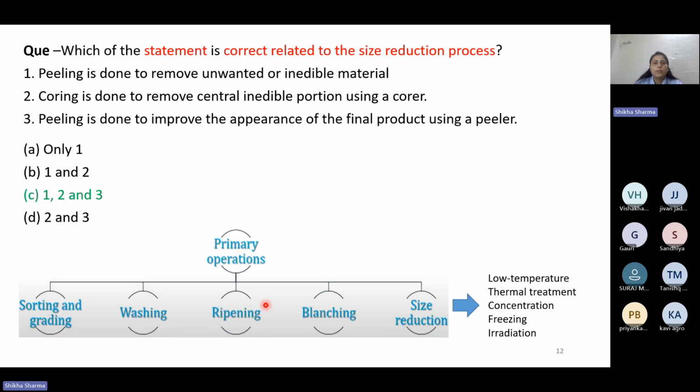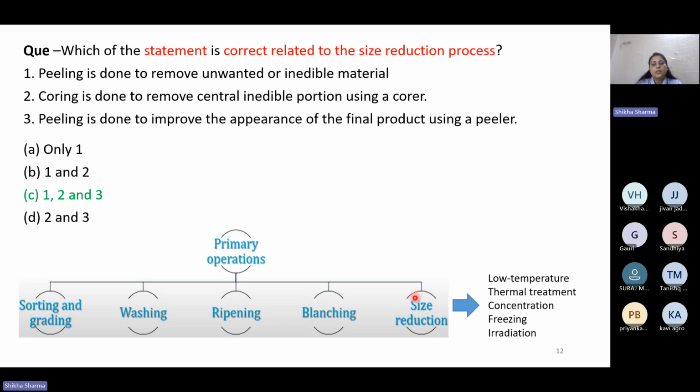If the fruit is not ripened, we should first help the fruit by storing it in an ethylene condition where ethylene gas is there to promote ripening, and blanching will be done, then size reduction, and then other higher-end treatments will be done. So first these primary operations are done. The last primary operation is size reduction.